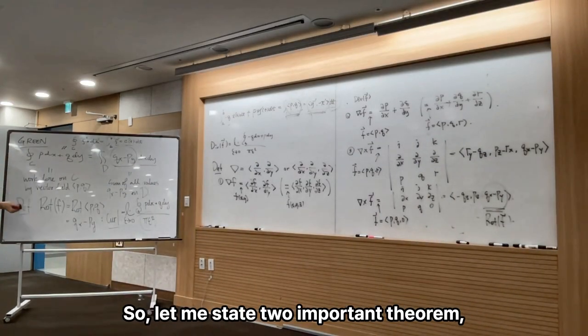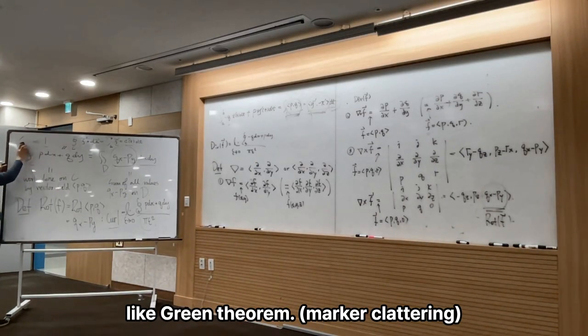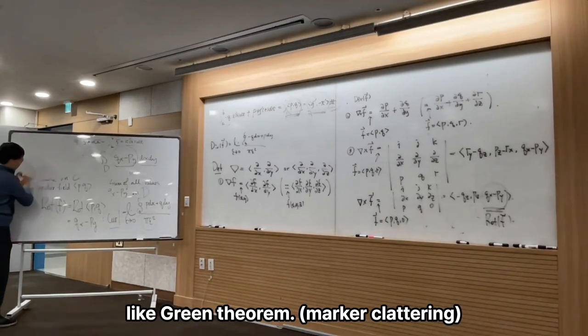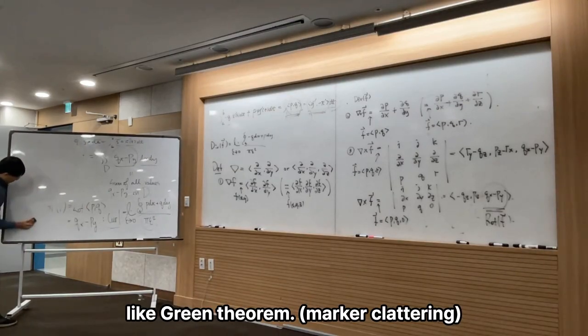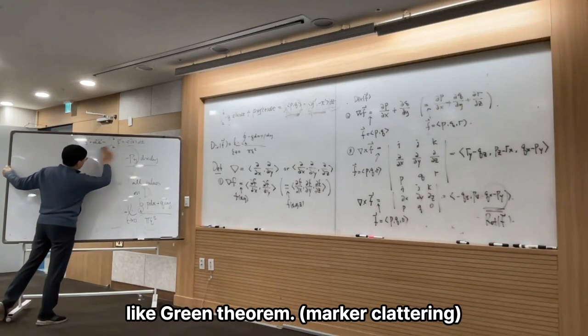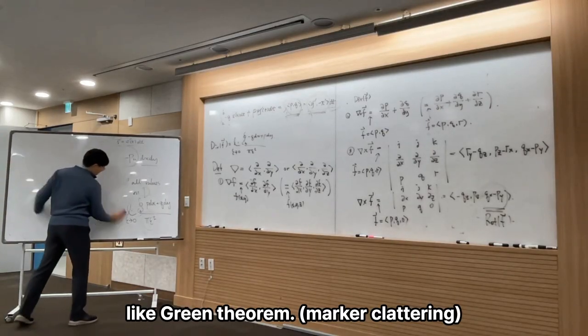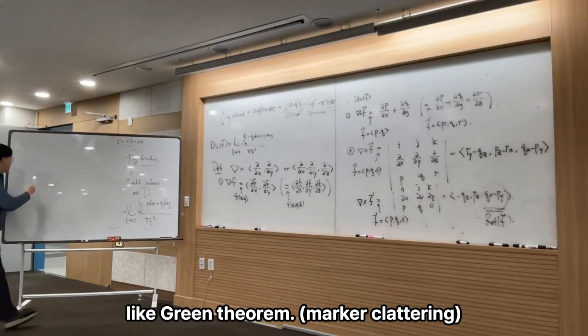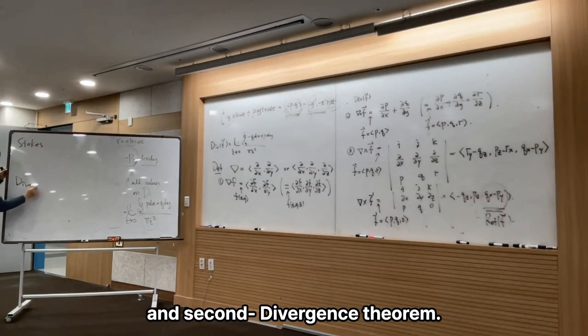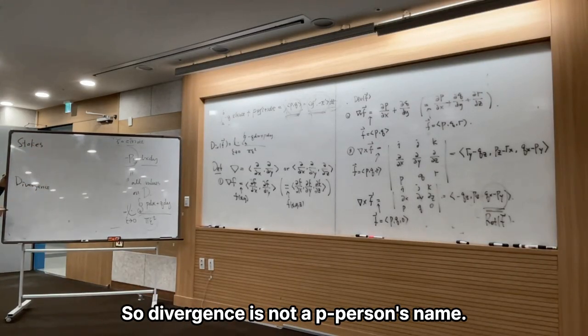So let me state two important theorems, like Green's theorem. First of all, Stokes' theorem, and second, the divergence theorem. Divergence is not a person's name.